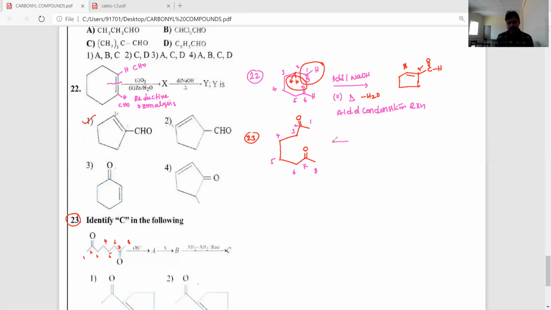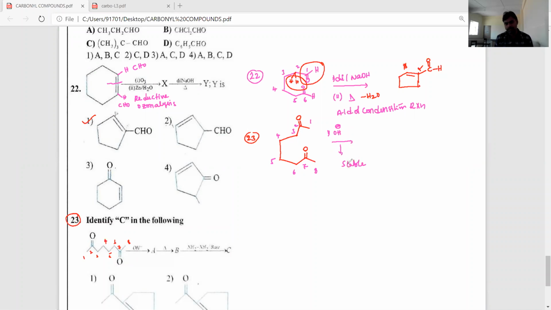So the first one we treat with base upon heating. The second one, A and B, I am combining and writing A and B. Otherwise, if you want to write A only, in the presence of base it forms a stable enol.